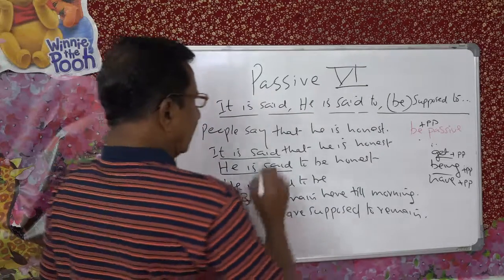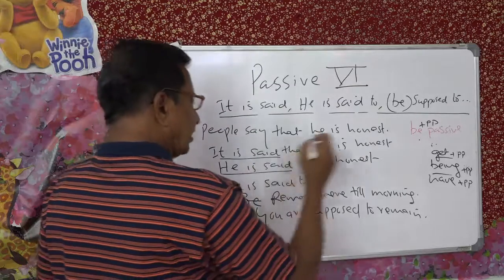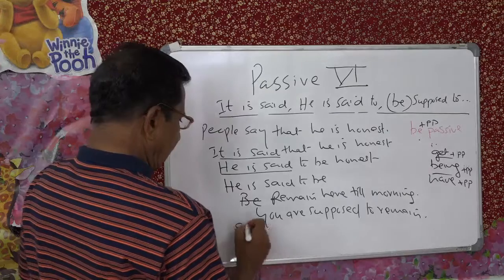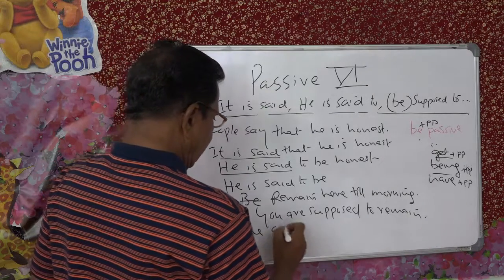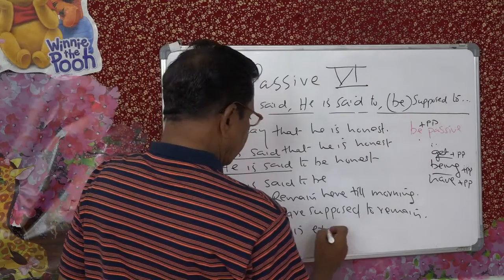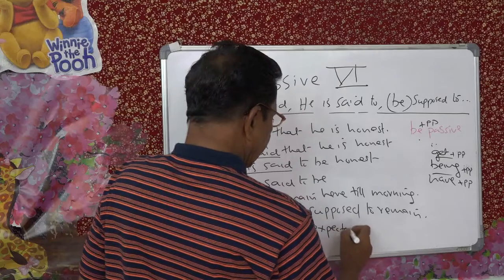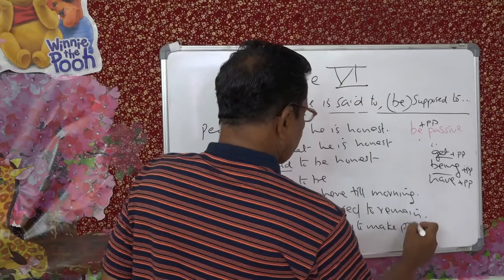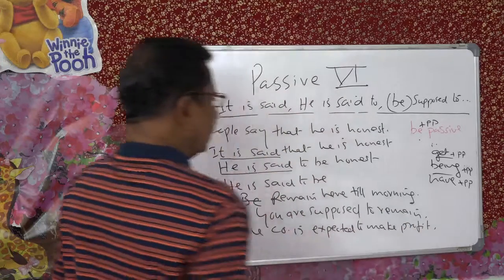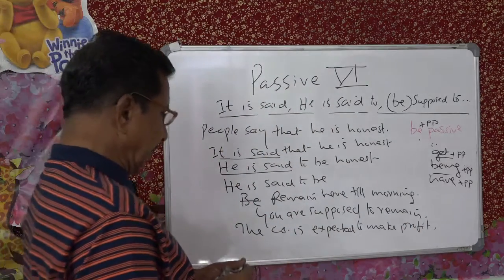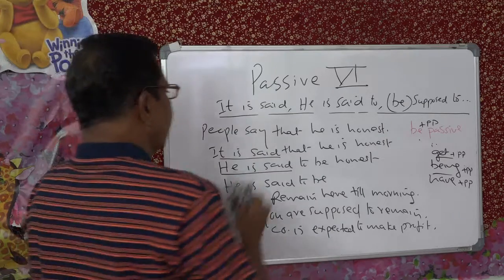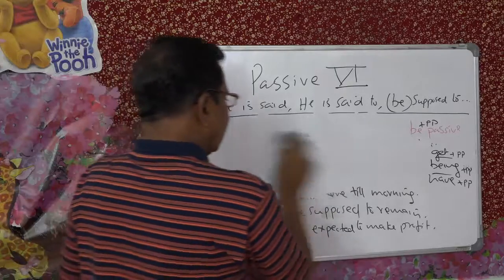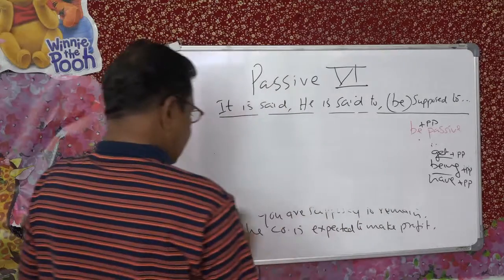The company is said to... The company is expected to make profit next year. The company is said to be growing, isn't it? The company is said to be progressing, you can say.